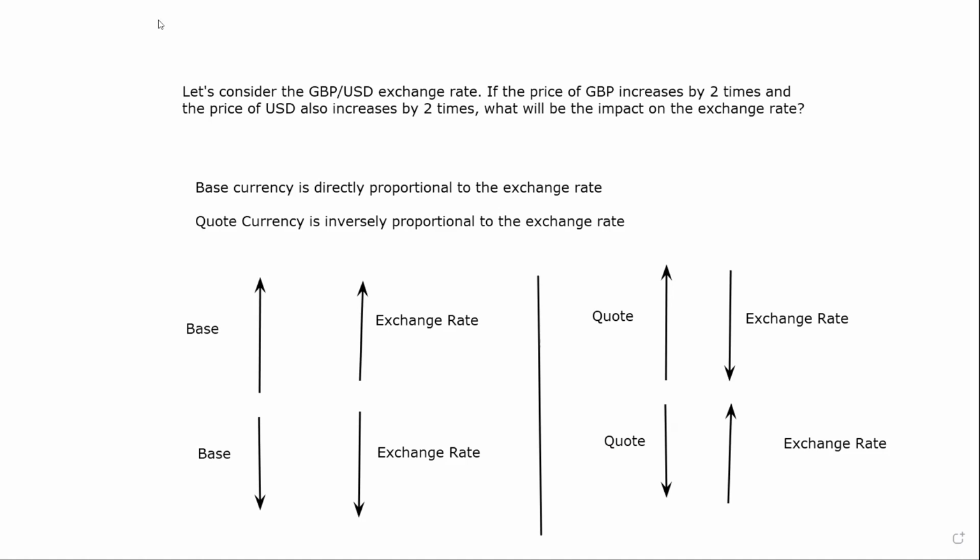Let's consider GBP USD as an exchange rate. If the price of GBP increases by 2 times, it means the base currency is increasing, and the price of USD also increased by 2 times, what will be the impact on the exchange rate?